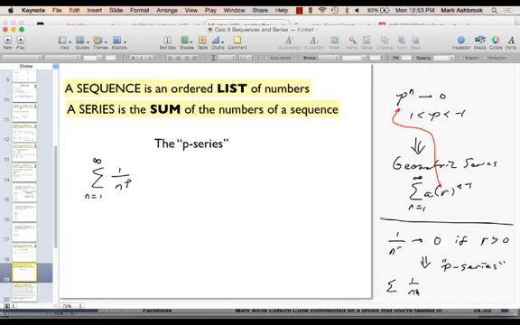When does that converge? When P is greater than 0?